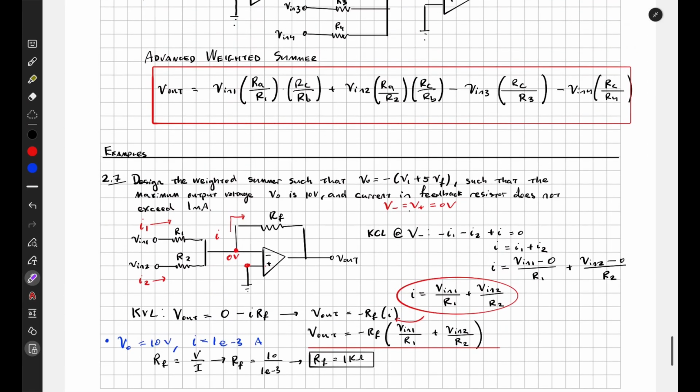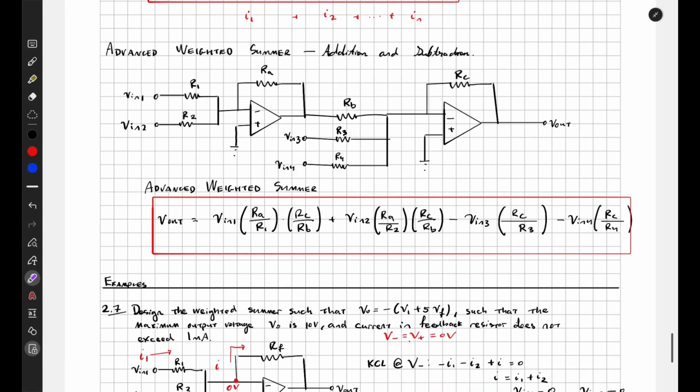We have looked at the advanced weighted summer circuit before, and there is a reason why I did not go through the derivation of how we arrived at this advanced weighted summer formula, because it is very complicated and time consuming. But what I said was superposition would be the method of how we can solve this. But in the interest of saving time, because this circuit is more complex, we just take the formula and then solve the practice problem directly.